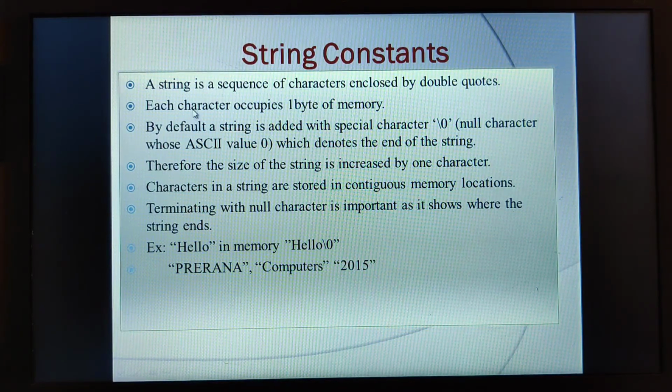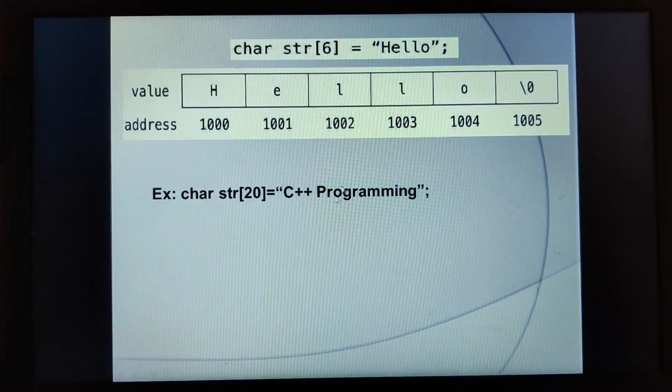Therefore each character is taking 1 byte. That means what is the total? Each character takes 1 byte plus 1 more byte. Say for example, what is the size of hello? It is 1, 2, 3, 4, 5, plus the null character, so the total size taken in memory will be 6 bytes. Now I'll show you so that you can clearly understand. See, this is how the hello string will be stored in computer memory.